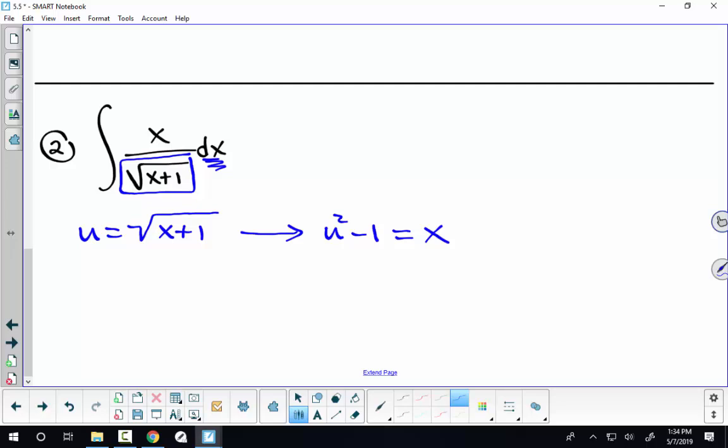Okay. So now we have the x accounted for in terms of u. But notice we haven't accounted for the differential. We have to now involve the derivative. So here, let's take the derivative. I'll just write it out the long way. The derivative of u with respect to x.